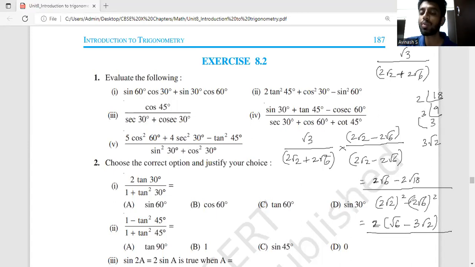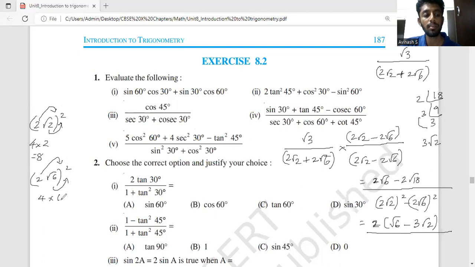Now, when we square 2 root 2 and 2 root 6, let me do it on the left side. When I square 2 root 2 the whole square, first 2 gets squared, you get 4, and the square of root 2 is 2, so you get 8. Likewise, if I square 2 root 6, I square 2 first, you get 4, and then I square root 6, I get 6, so you get 24. These are the values which I'm going to substitute.